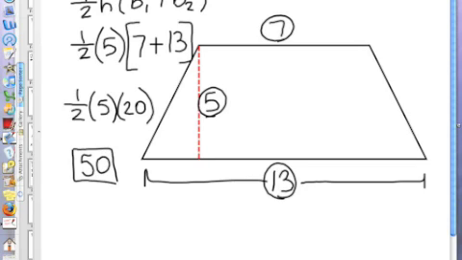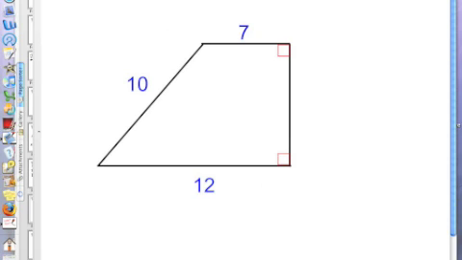But remember, start with the formula, because you're going to have numbers all over the place, and you need to make sure you know which numbers you need to plug into the formula. Okay. This is a trapezoid, right? It's got 4 sides, and one pair of opposite sides are parallel.